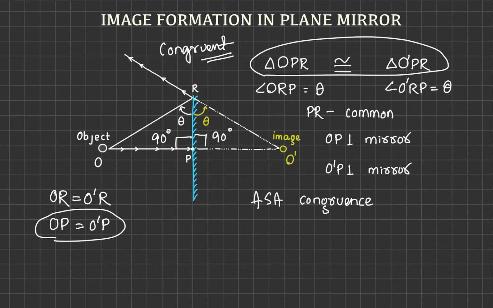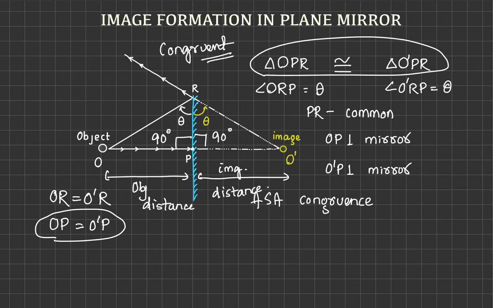This second conclusion gives us a simple theory: the distance of the object from the mirror, we name it the object distance, and the distance of the image from the mirror, we name it the image distance, must be the same.